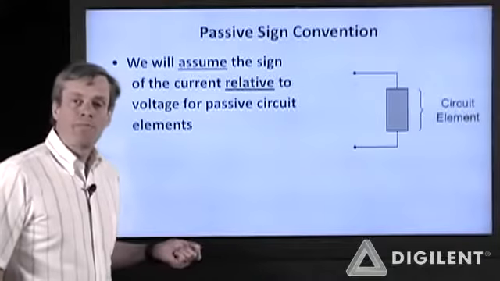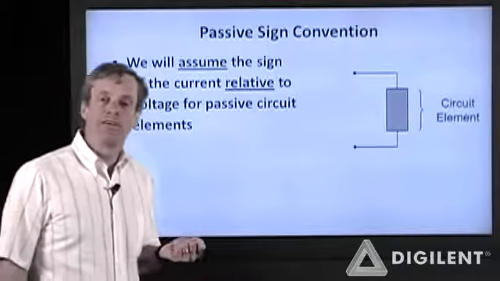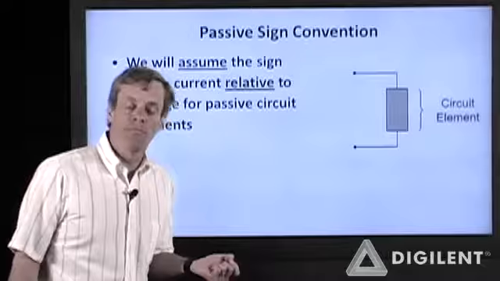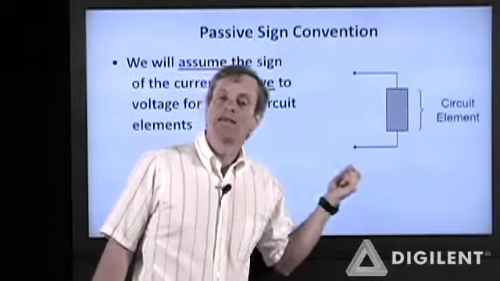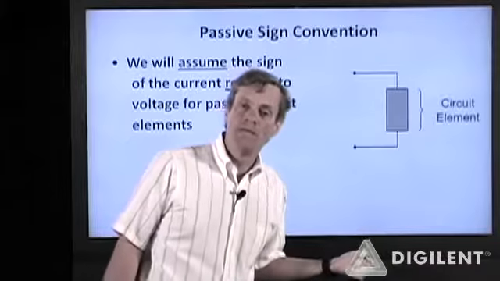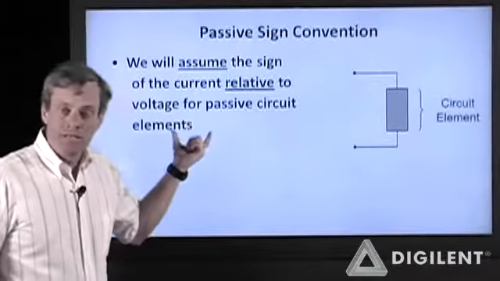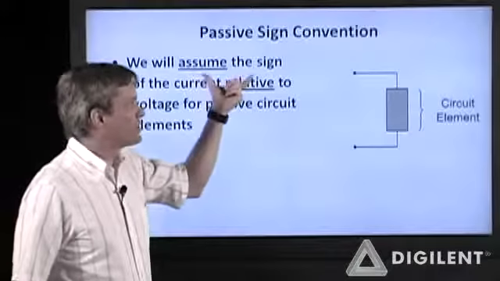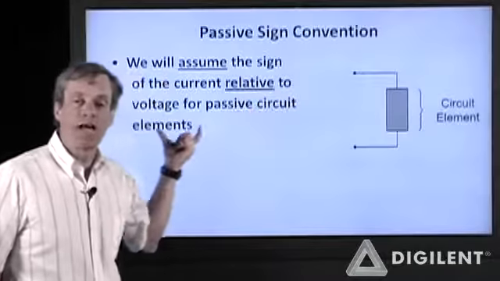Now I want to introduce the passive sign convention. This is extremely important. It's very easy, but it's extremely important. If you don't get the passive sign convention right, then none of your analyses will be meaningful. You cannot rely on any of your results. Essentially, in the passive sign convention, we are going to assume the sign of the current relative to the sign of the voltage.